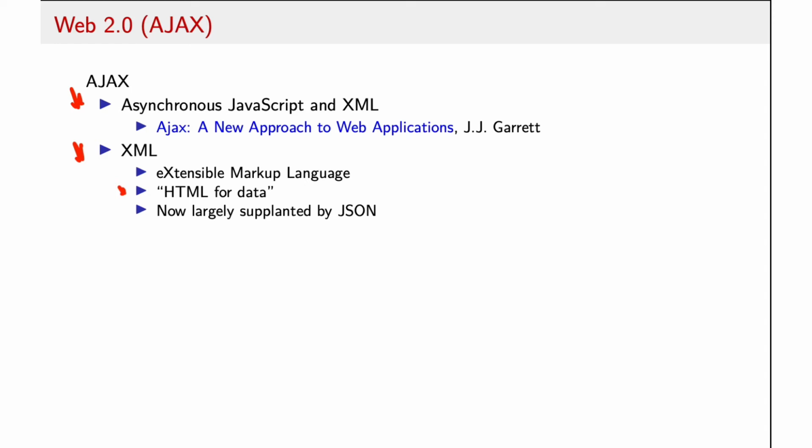That made it a really handy tool for this kind of data interchange. So that was what was all the rage at the time that Jesse James Garrett cooked up this AJAX idea. In practice now, a lot of the data transfer that goes back and forth between client and server, between browser and web server, is going to be JSON strings.